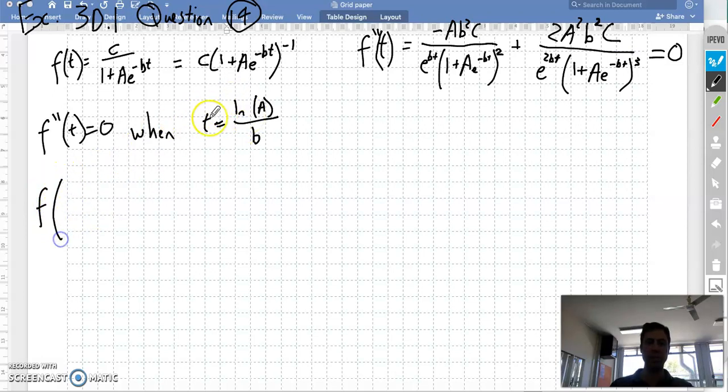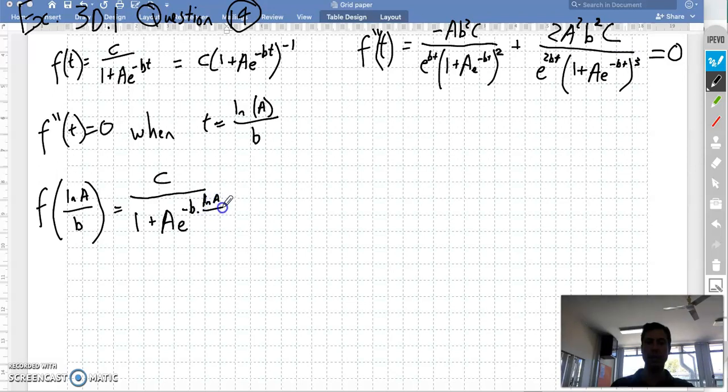So I'm going to have to sub this x value back into the original function. It's going to be f of log A over B, right? And that will equal c divided by 1 plus A, and I've got e to the minus B times log A divided by B, small writing.